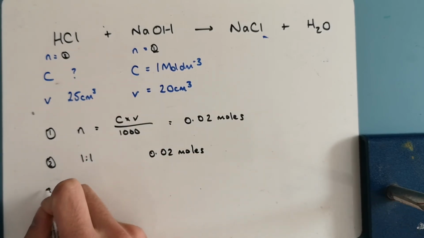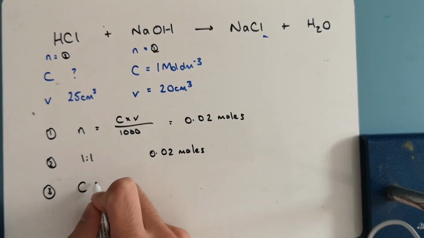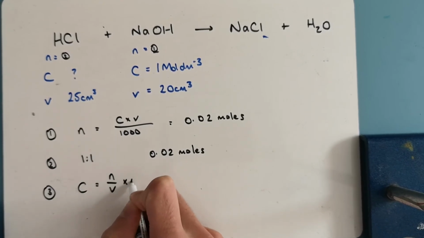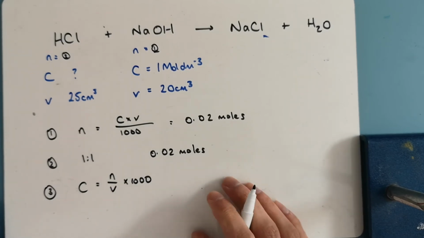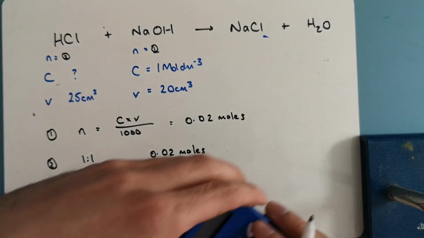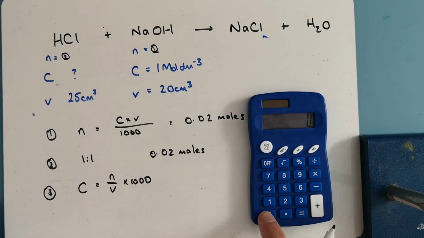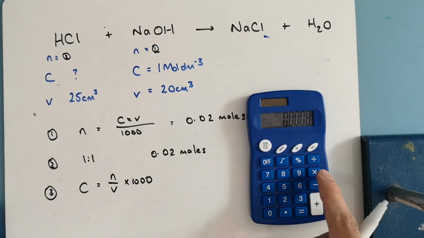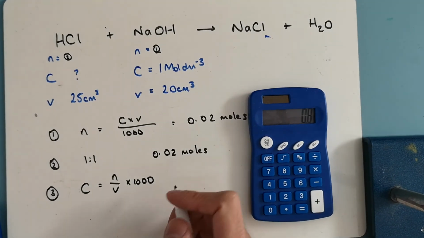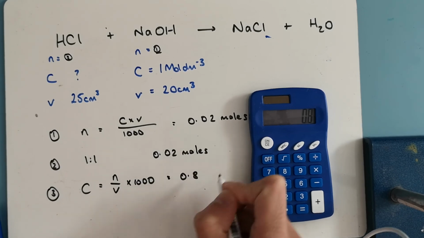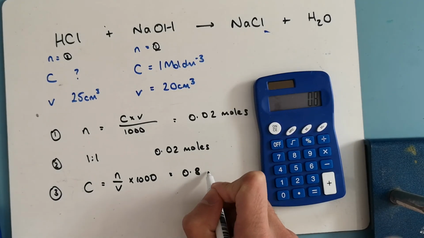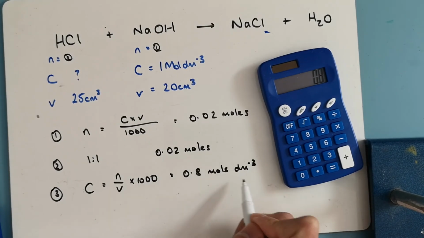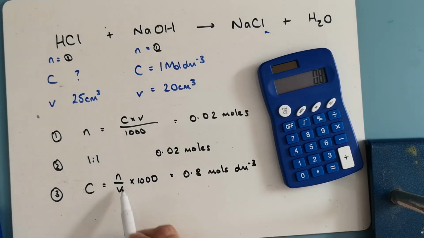And then I can rearrange this equation to make concentration the subject and do n over V times 1000. 0.02 divided by 25 times 1000 equals 0.8, and now this is a concentration, so that's moles per decimetre cubed, or moles divided by the volume, which we see here is what we do in the calculation.